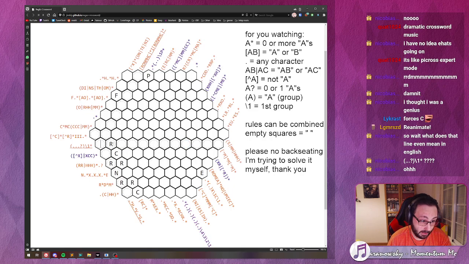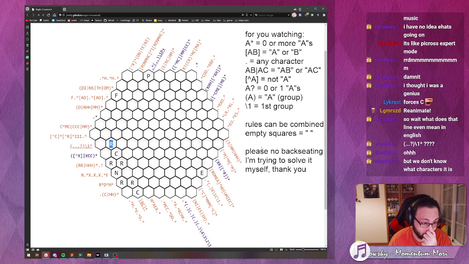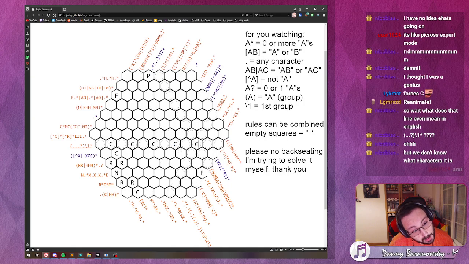What I'm trying to figure out is, yes, we don't know what characters it is. What I'm trying to figure out is it possible that there be a C in here? If there's a C here that puts C here, here, and here, and this is the line that cannot have a C, there cannot be a C in this one. So we know there can't be a C in 2.